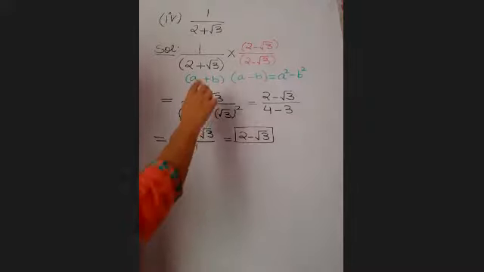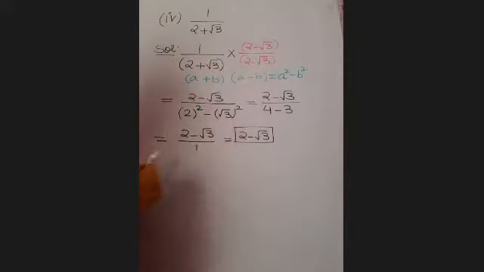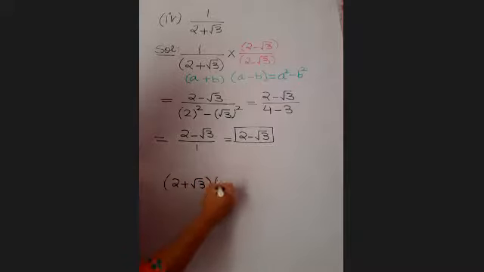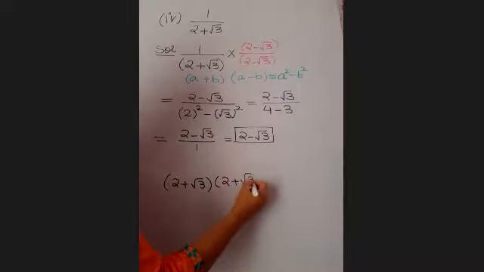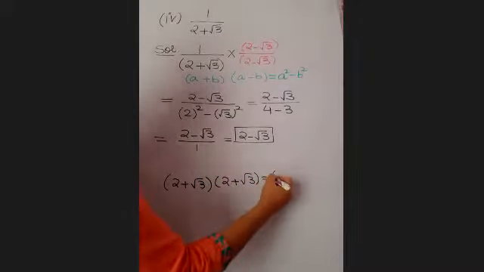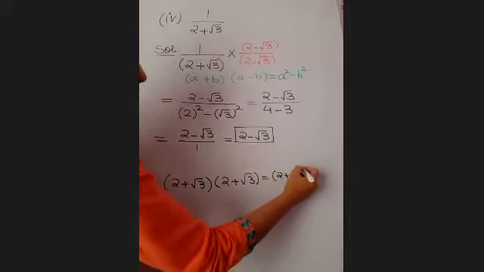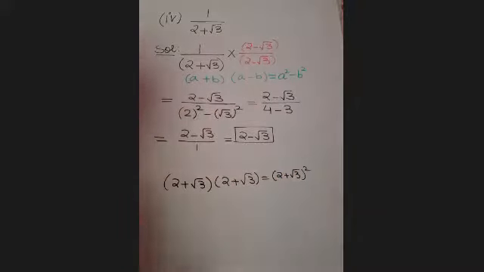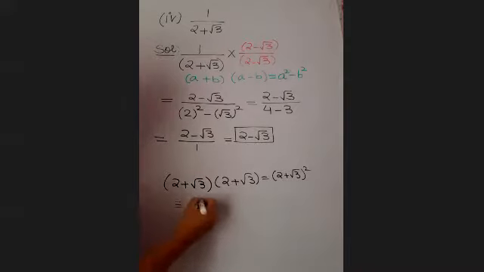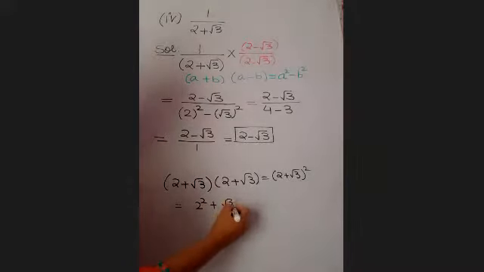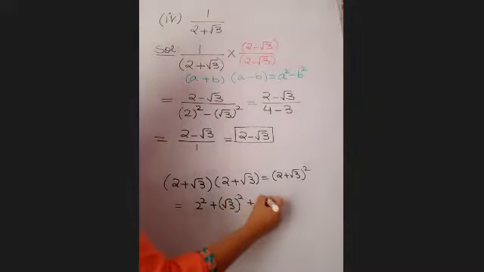Why are we taking the opposite sign? Suppose you multiply and divide by 2 plus root 3 itself. So this will become 2 plus root 3 whole square, which will equal a square plus b square plus 2ab.